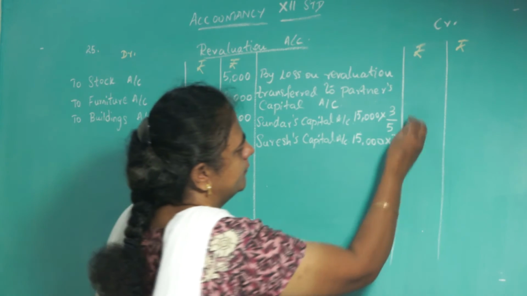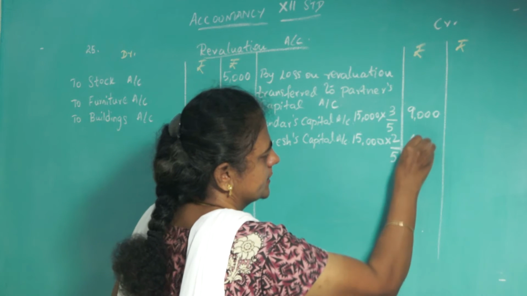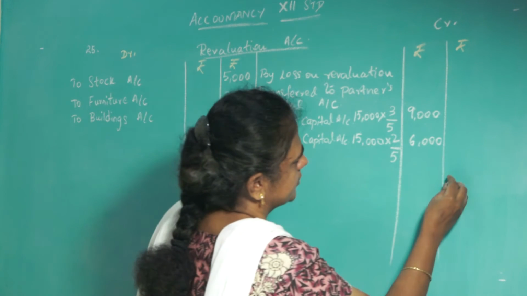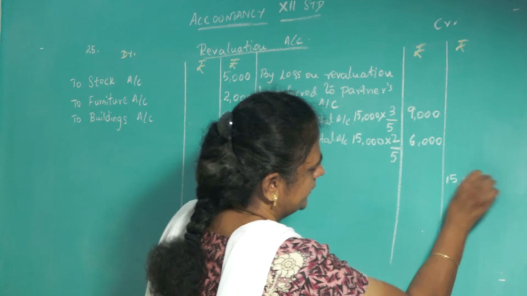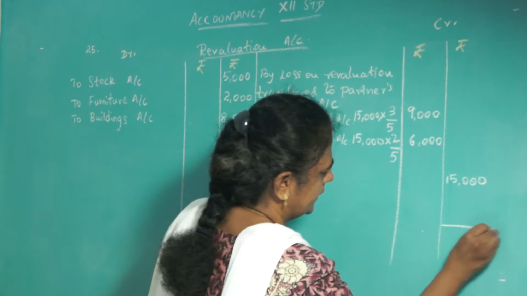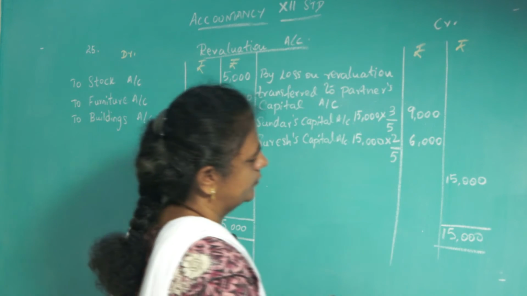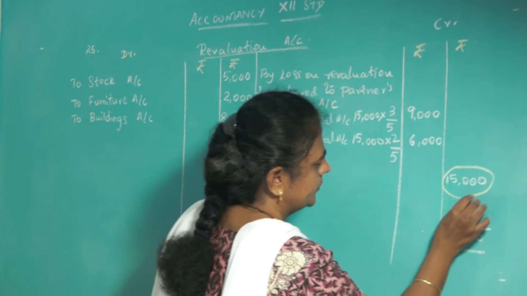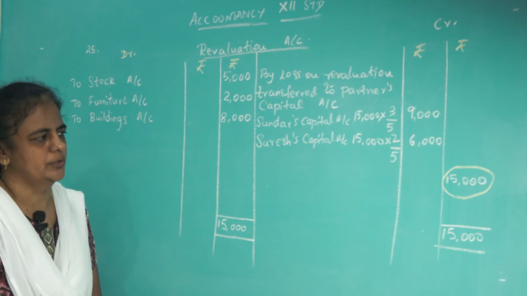So that will give 9,000, 6,000. So total loss 15,000. Put the total 15,000. So this loss to be transferred to the old partners' capital account.